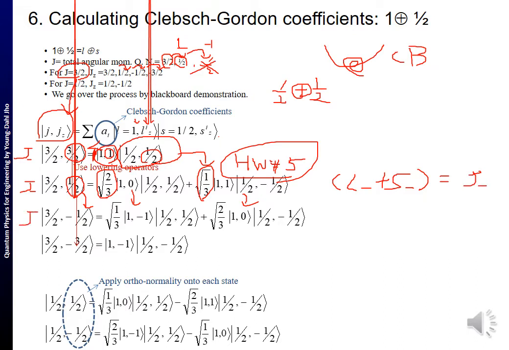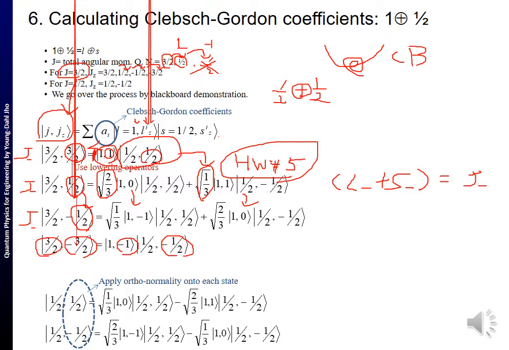So we apply J minus again. Then the z-direction quantum number becomes minus 3/2. To make it minus 3/2, there's only one case here: Lz should be minus 1, Sz should be minus 1/2. So that's the way you can get the Clebsch-Gordan coefficient for the case of 3/2 total angular momentum quantum number.